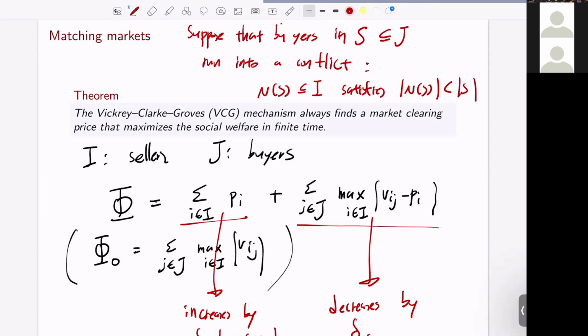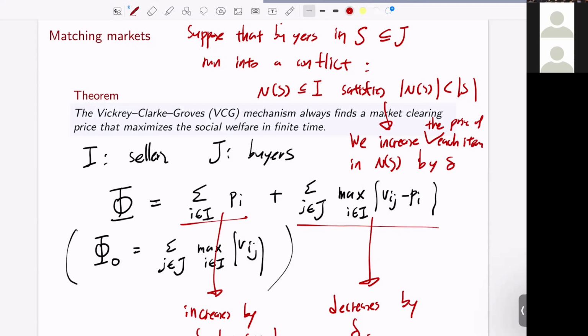So this is the conflict, which will be a perfect matching by Hall's marriage theorem. What we do is we increase each item in this set, increase the price of each item by delta.